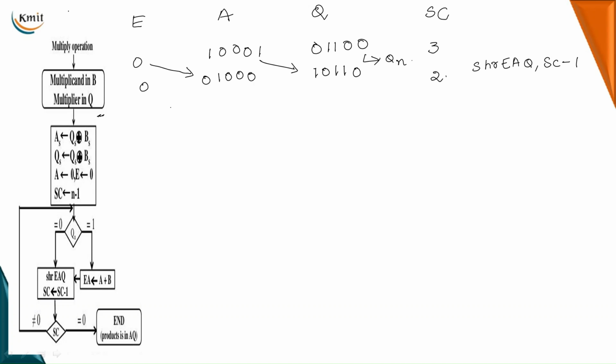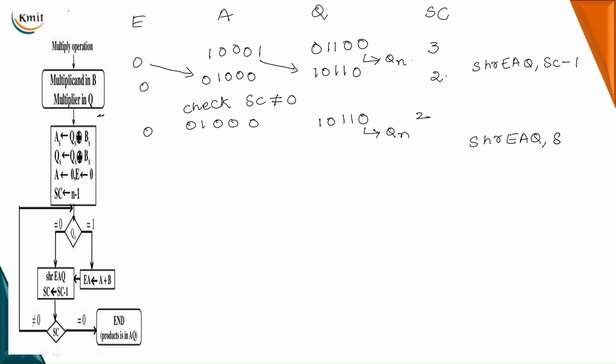Now again check the sequence counter is still not equal to 0, so you have to check again the qnth bit. 1 0 1 1 0 and 2. So what is qnth bit? It is now 0. So when it is 0, you have to again perform shift right on the contents of EAQ and decrement your sequence counter by 1.